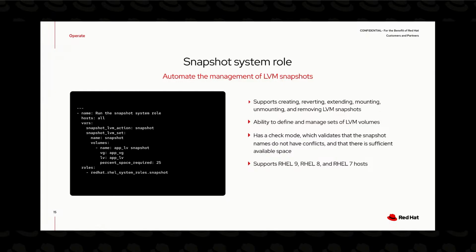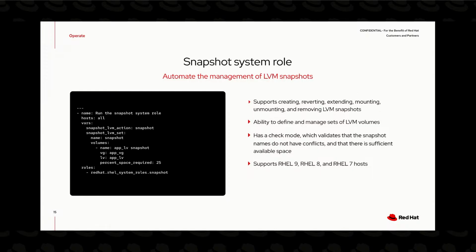So we want to create a snapshot. That's what the LVM snapshot action says. LVM set, so we're calling the snapshot. The volume: we want to make a snapshot of a logical volume called app_lv, and that belongs to the app_vg volume group.